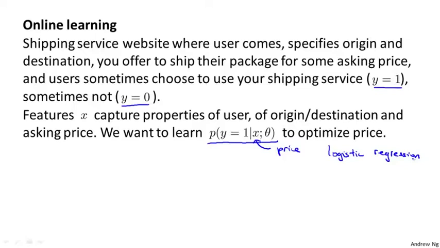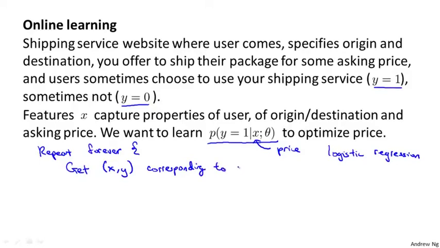Now, if you have a website that just runs continuously, here's what an online learning algorithm would do. I'm going to write repeat forever. This just means that our website is going to keep on staying up. And what happens on the website is occasionally a user will come, and for the user that comes, we'll get some x, y pair corresponding to a customer or user on the website.